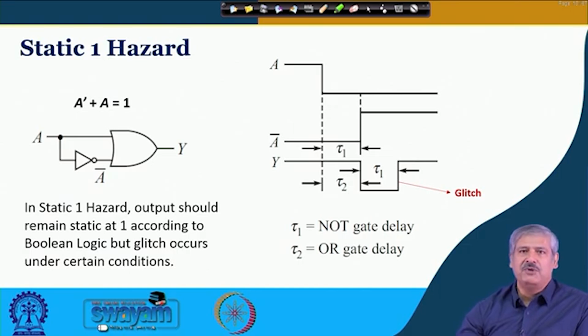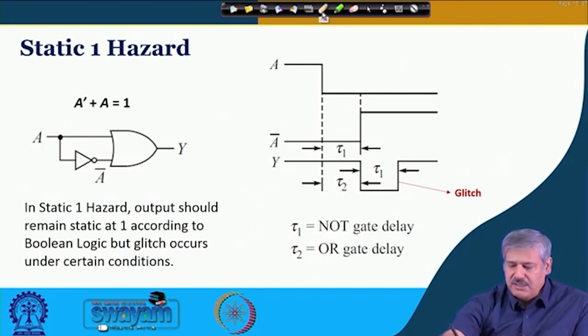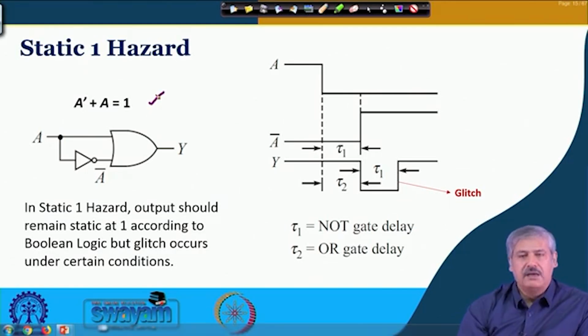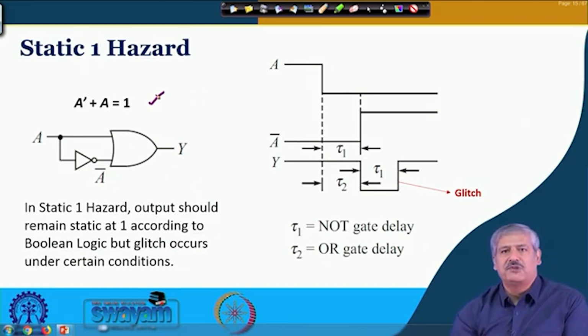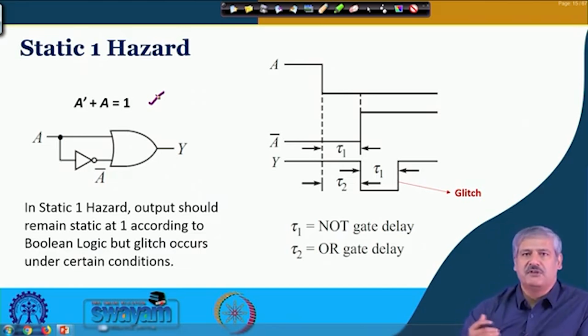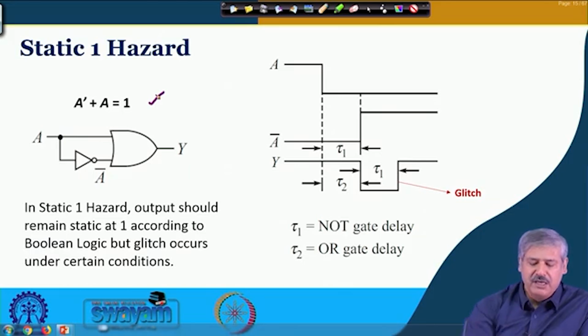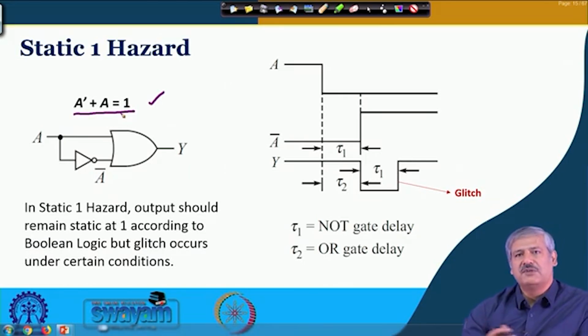So, essentially what we had seen is that the circuit boils down to a condition, after considering all the different inputs and their values, to an expression something like this. That gives rise to the static 1 hazard.